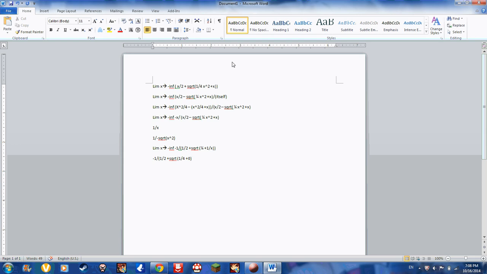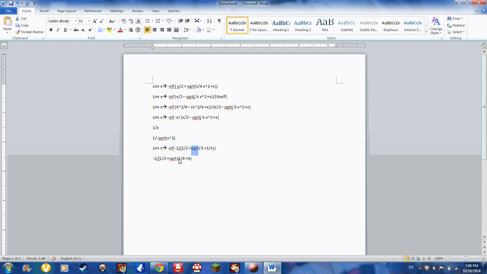When you're taking a limit, any type of limit, of, for example, f of x to the nth power, that would be equal to the limit as x approaches whatever number of f of x, this entire thing in parentheses, to the nth power. It just so happens that the nth power here is 1/2, since that's the square root.